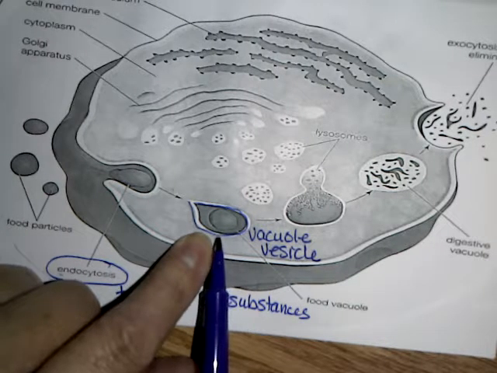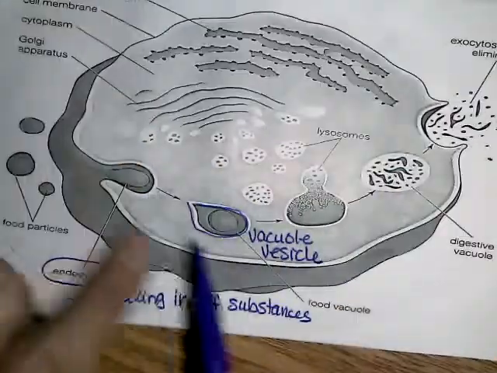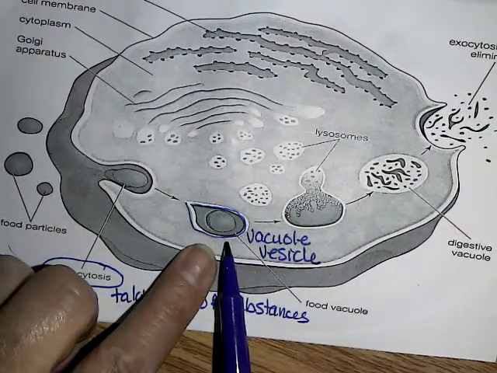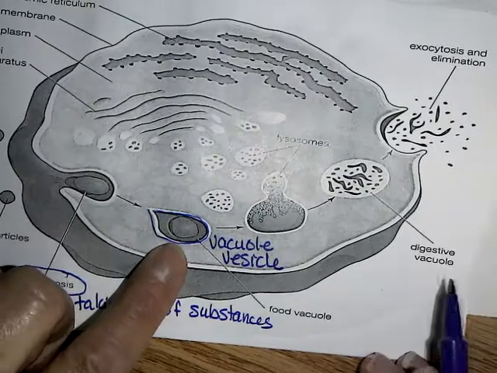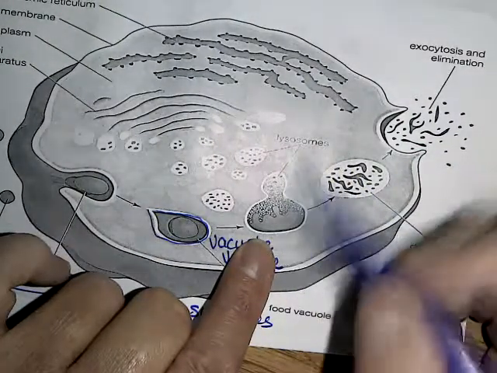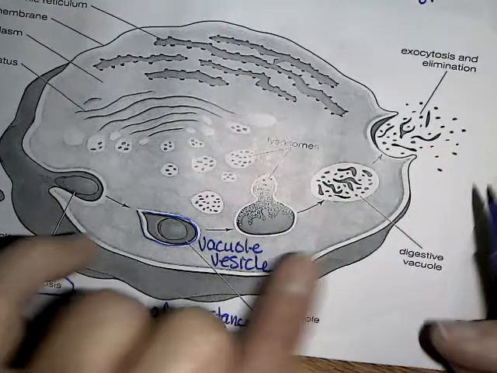Okay? Now, that vacuole moves it around to where that part of that cell needs it. And as soon as it gets used up, little lysosomes are going to come in and eat it all up and take care of it all. All right?